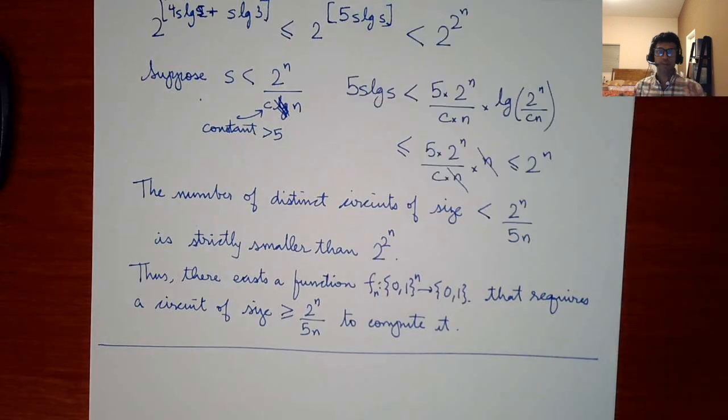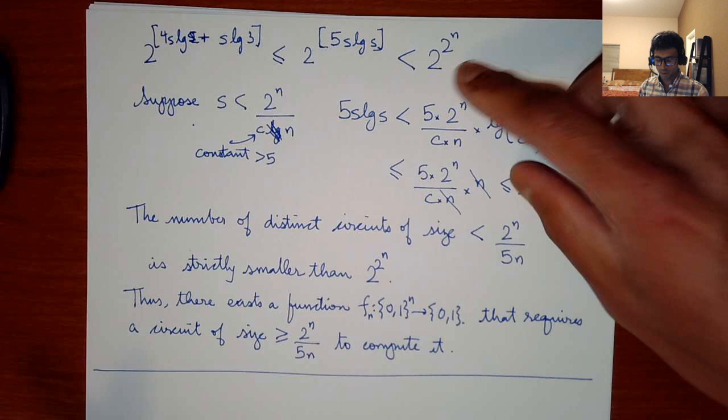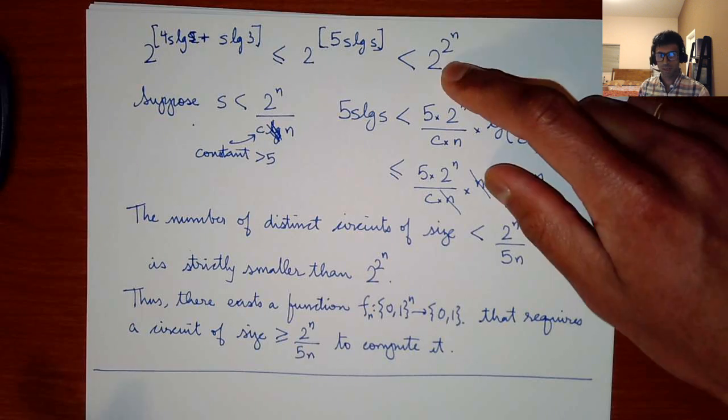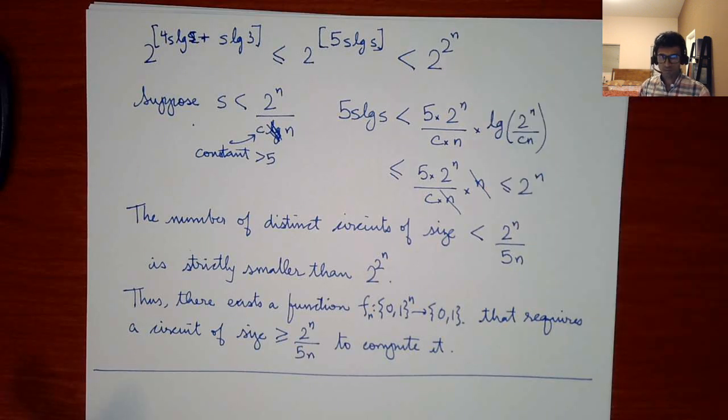The number of such circuits is at most strictly less than 2 to the 2 to the n. What that means is there must... So, are we just arbitrarily choosing 2 to the n over n? Yep. Okay. Fair enough. We just chose it to make the math work.